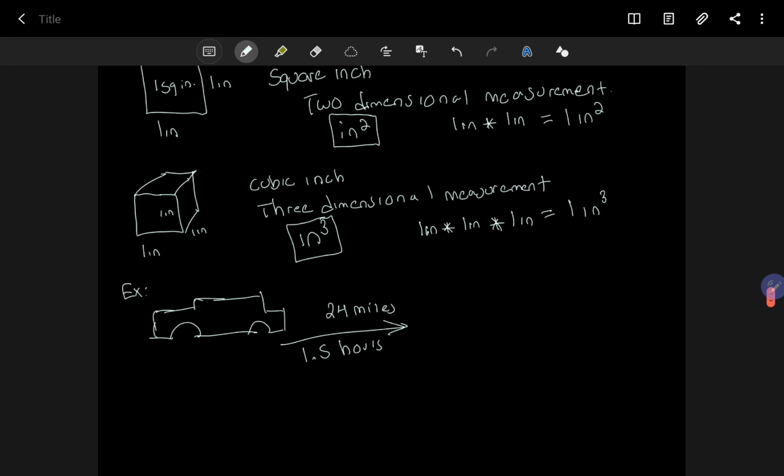Then what we're doing here is just a simple division. 24 miles divided by 1.5 hours, which translates into 24 divided by 1.5 miles per hour, which when we work this out, is just 16 miles per hour.